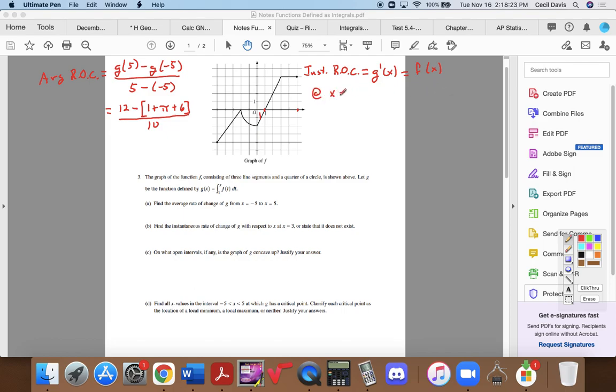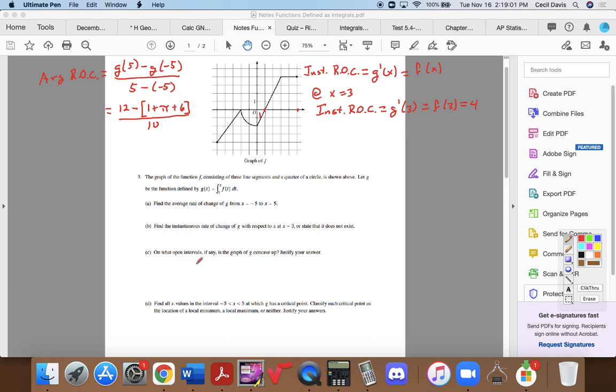So at x equals 3, the instantaneous rate of change is g prime of 3, which is f of 3, which is 4. That was only worth 1 point. Yeah, I would have made it 2 and 2, honestly, but they didn't ask me.